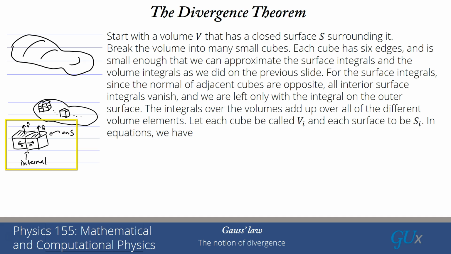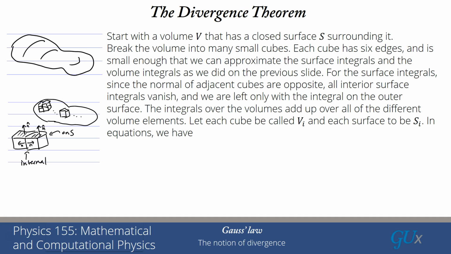And when I add the two together, those are going to cancel out. So what I'm left with is whatever contributions to the surface integral are coming from the outer surface, because there's nothing that will match up and cancel out. So when I sum all of these results over the entire set of cubes, I'm going to get a surface integral that just goes over the outer surface of the volume.